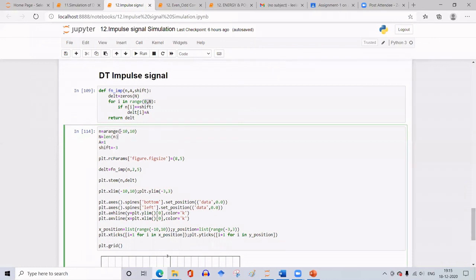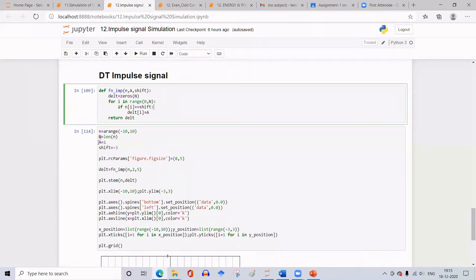I'm taking it here from -10 to +10, so we will have a total of 21 points arranged in this order. I calculate the length of this array n, and that is capital N, which is passed on to this, so that this delta array consists of the number of zeros given by capital N.